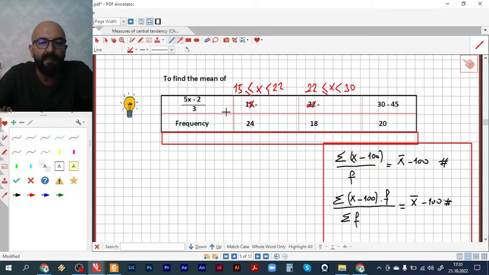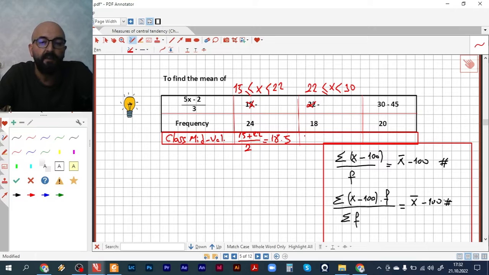Okay, and firstly I want to compute the class mid values. Please remember that we compute 15 plus 22 divided by 2, so 37 divided by 2, 18.5.